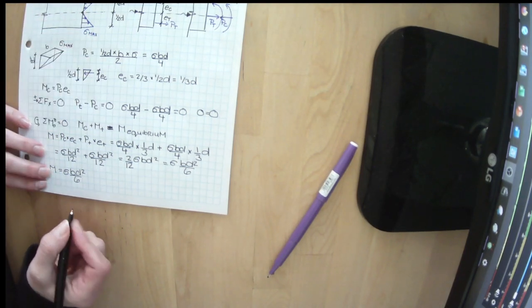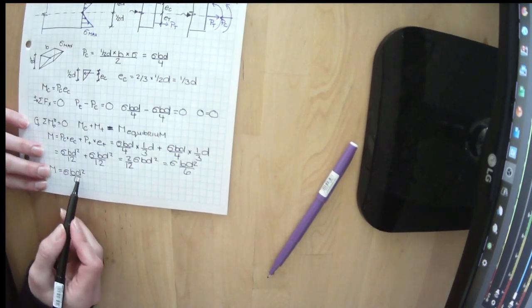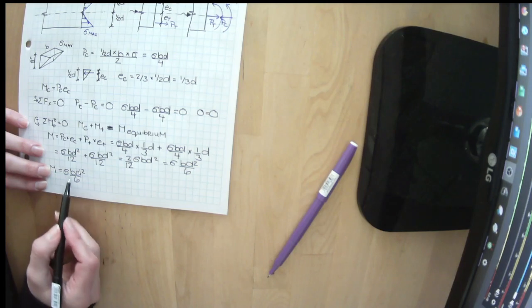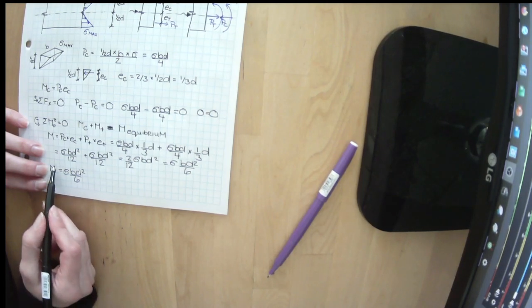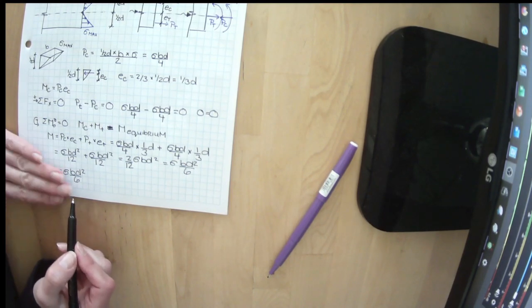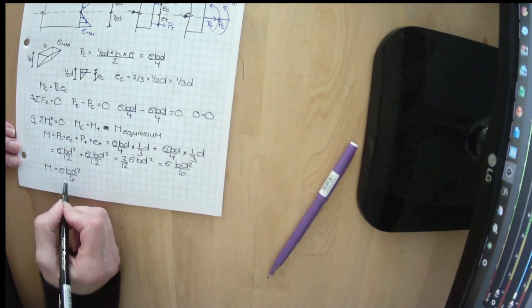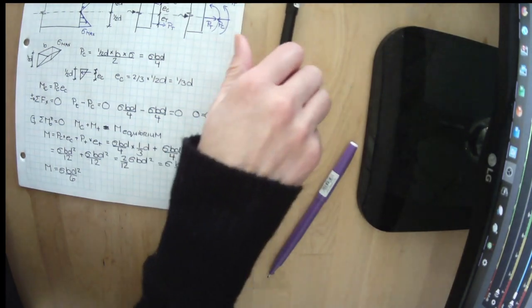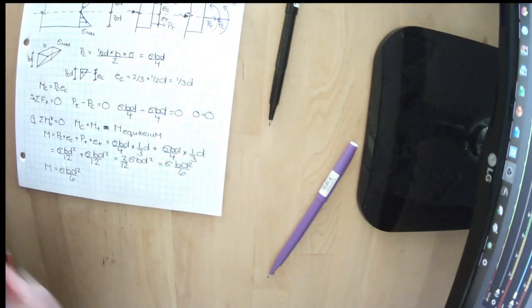So we can figure out what our moment is. If we know what B is, and we know what D is, and we know what the maximum stress is, we know what the maximum moment would be for this to remain in equilibrium. This is messy, this little thing over here.